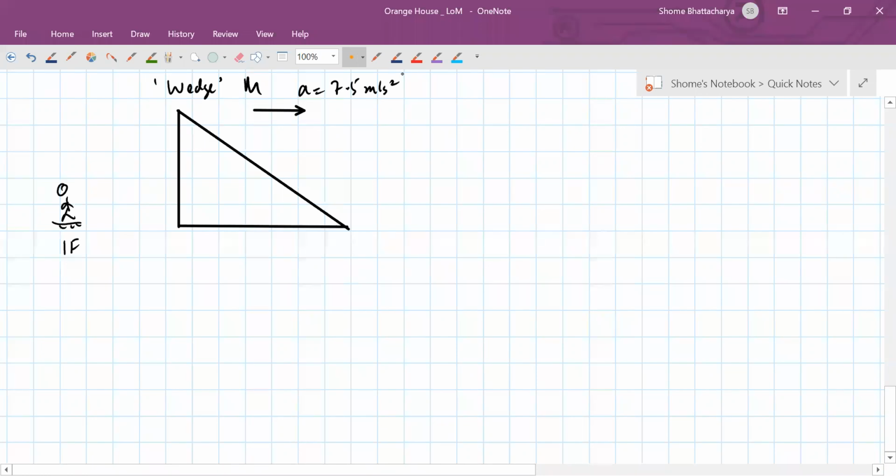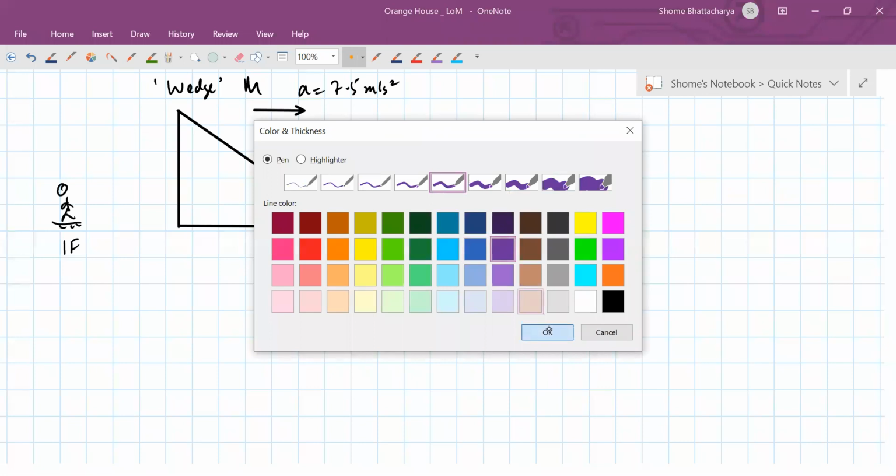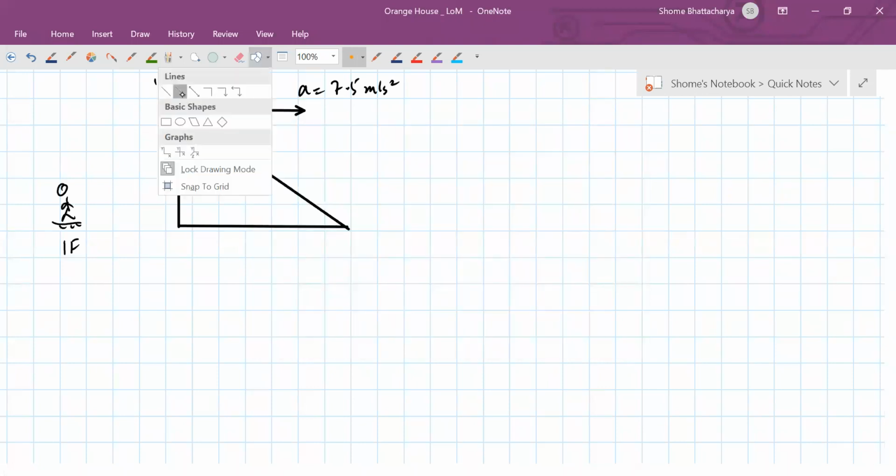But what about the forces acting on it? So that is why I'm saying this is the slightly more difficult option, because there are a number of forces acting on it.